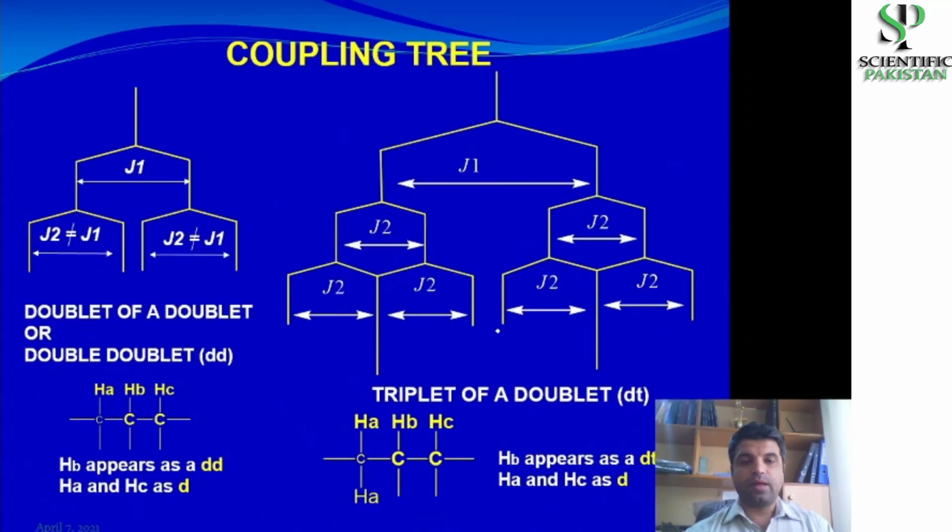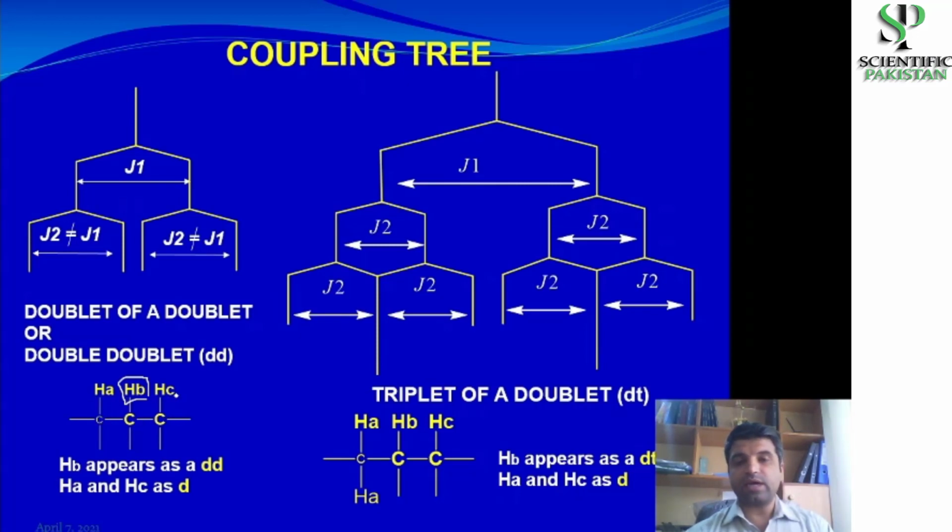But you may not have the same situation everywhere. You might have a proton that has 2 inequivalent protons in the vicinity. So for example, we have this hypothetical situation in which we are going to focus on HB here, and this HB has 2 protons in the vicinity, HA and HC.